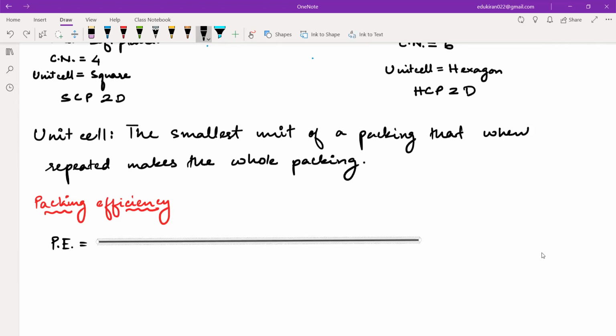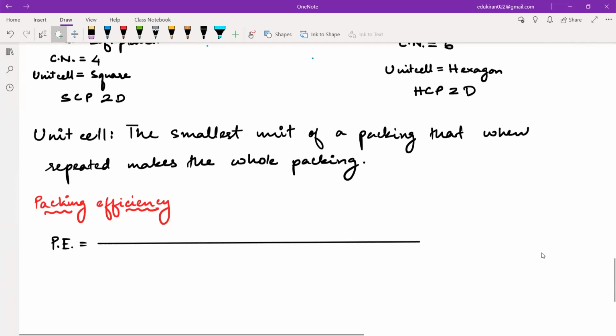Yes or no? Yes, sir. And if I want to compare two solids, I will compare their packing efficiency. Marks percentage is marks obtained by total marks. Here it is in terms of space, but the funda is the same as marks.